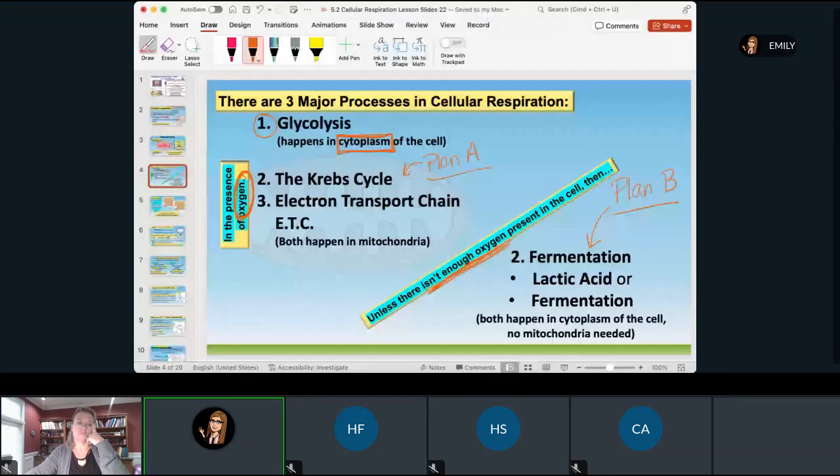And there's two types of fermentation that we're going to talk about, lactic acid and alcoholic fermentation. And the key thing to know about these is that both types of fermentation happen in the cytoplasm of the cell. So when we're on plan B and there's not a lot of oxygen available, we do not need the mitochondria.